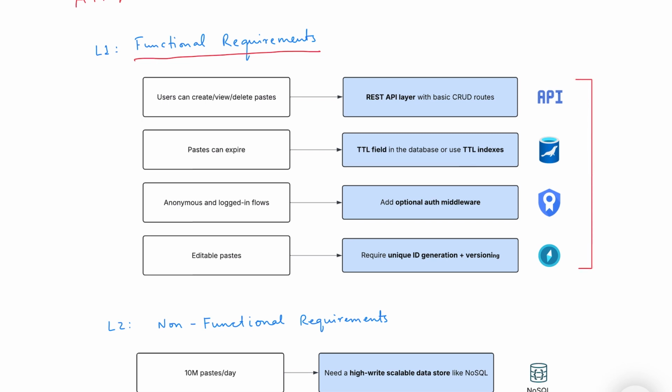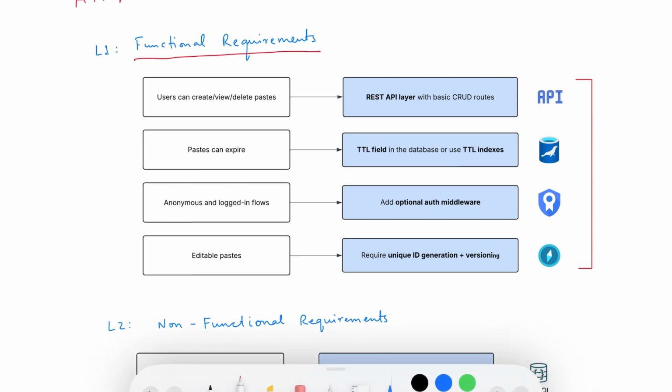For example, can the user create, view, and delete pastes? The answer to this was yes. The user has to perform CRUD. This tells us that we need a REST API layer with basic CRUD routes. That means we have to go with an API-first approach. Clear?